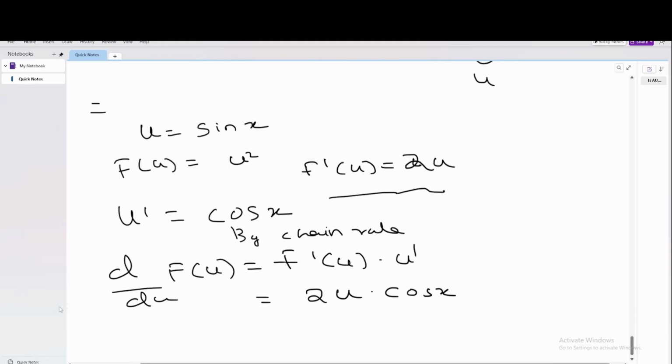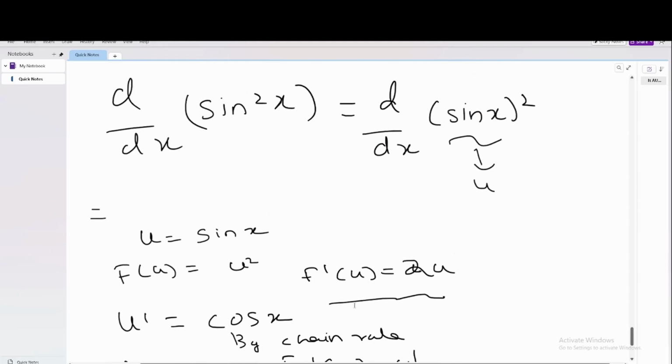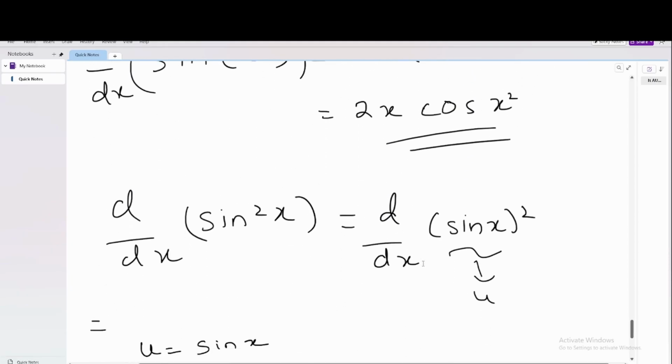We know that u is equal to sin x. By putting that value, it will be 2 sin x cos x, which is not equal to 2x cos x square.